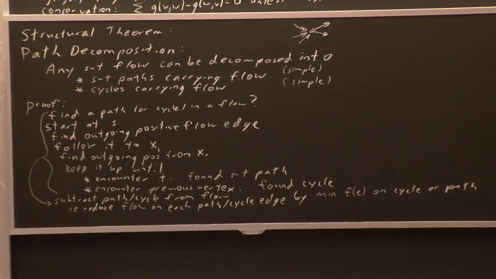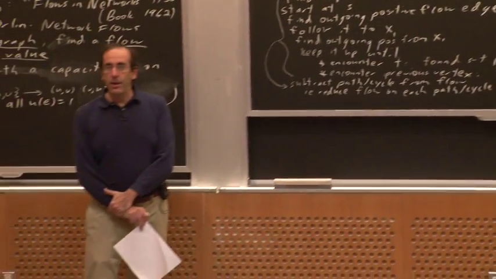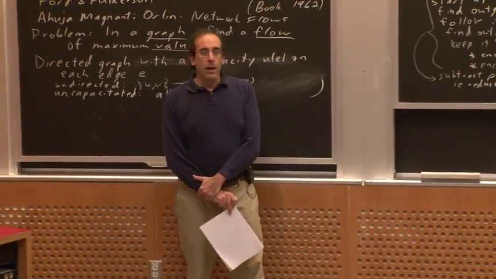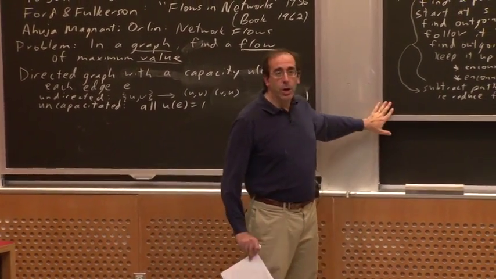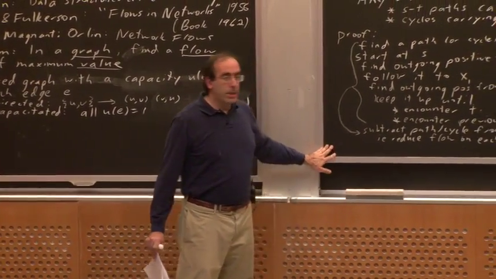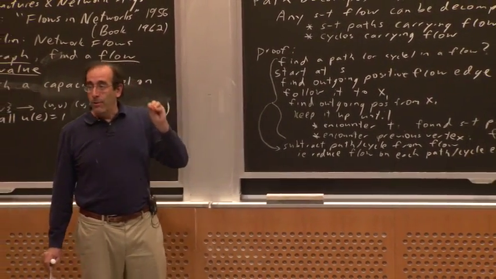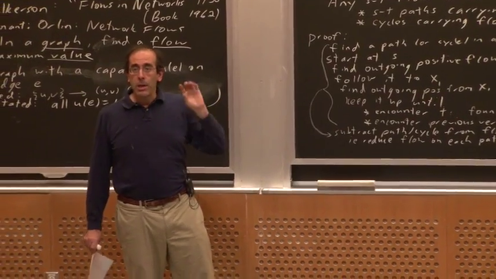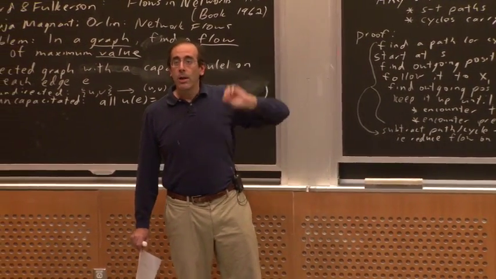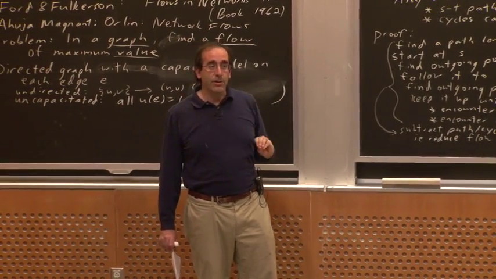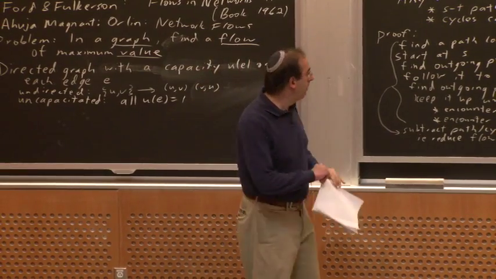What do we have to check or understand in order to know that it's still a flow? Well, again, the tricky part is the conservation argument. But since we're subtracting a path, we're removing incoming flow and outgoing flow from each vertex on the path in equal amounts. So if conservation held before, conservation still holds after.